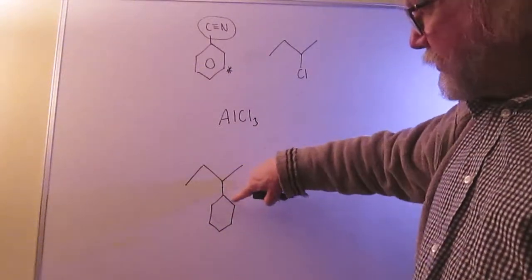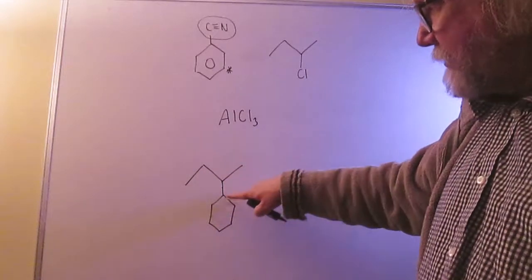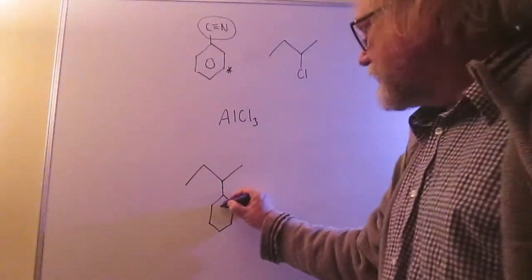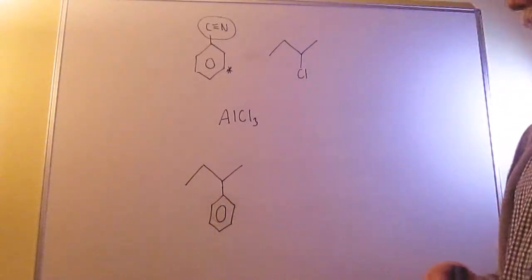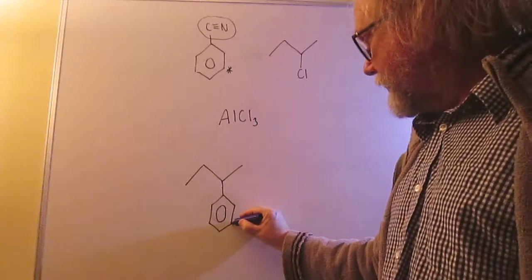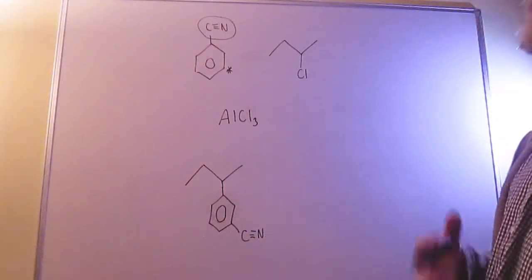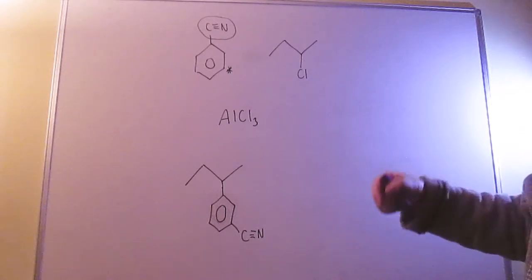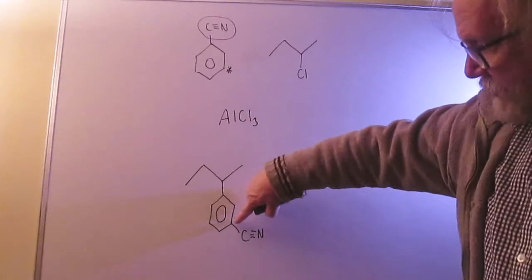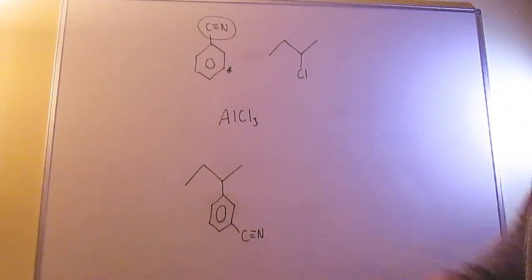Okay, so it's now a bond not from chlorine to the alkyl chain, but from the benzene ring to the alkyl chain. So it's going to look something like that, and given this relationship, we know then that the CN group is going to be there. The other product is going to be HCl, formed from the hydrogen that was lost from this position and the chlorine that was lost from there. So that's your product.